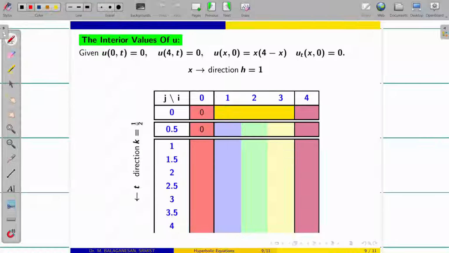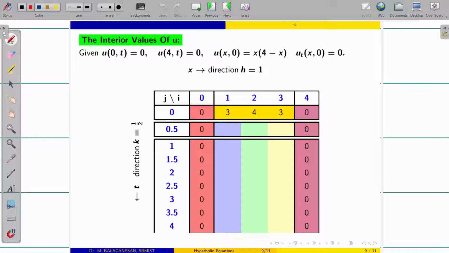Now we write the boundary conditions. At x equal to 0, u value is 0, so everything will be 0. At x equal to 4, the second boundary condition, u value is also 0, so everything will be 0.